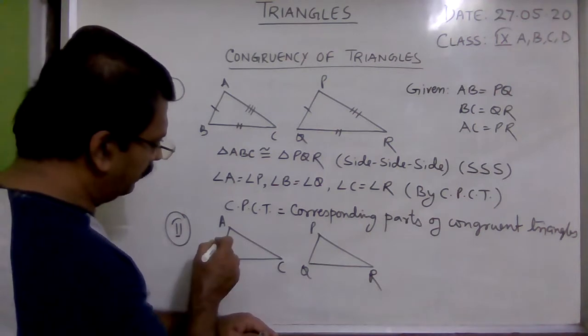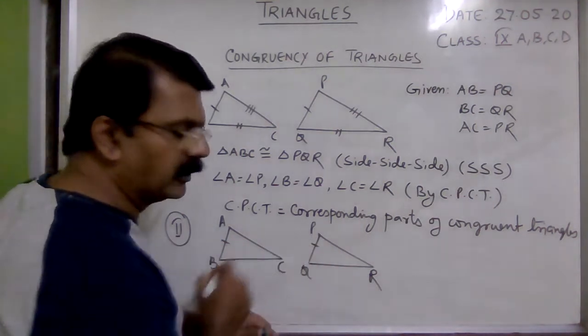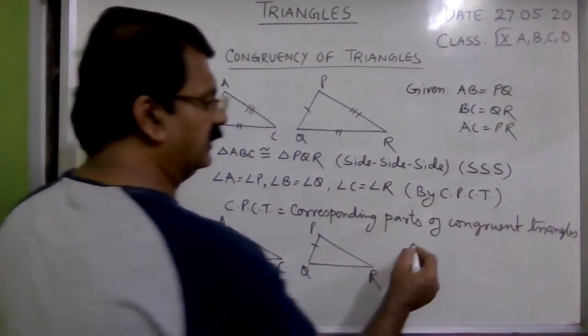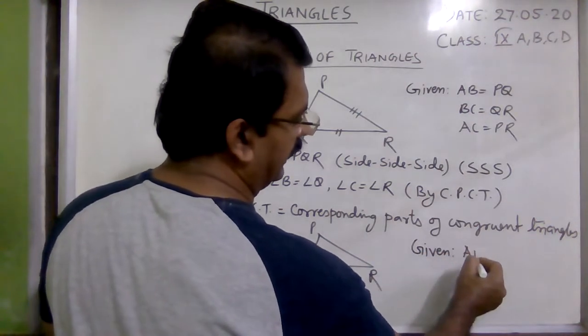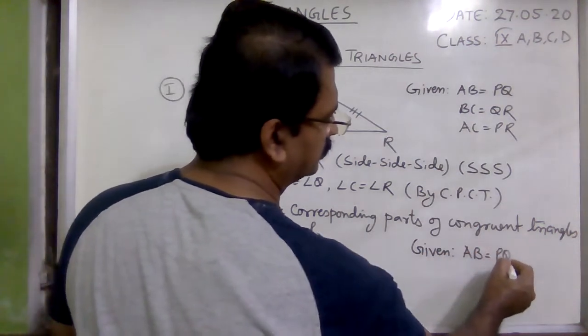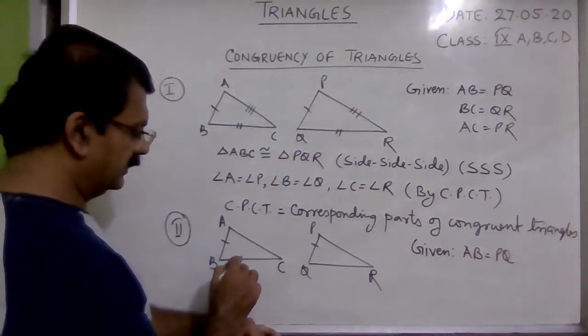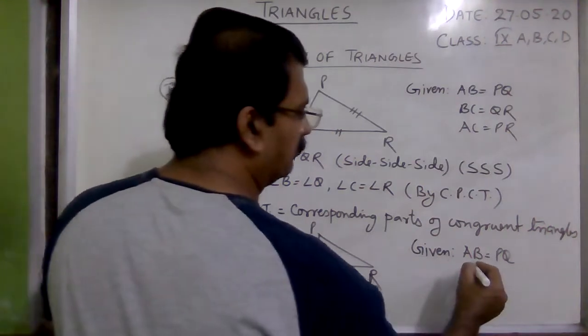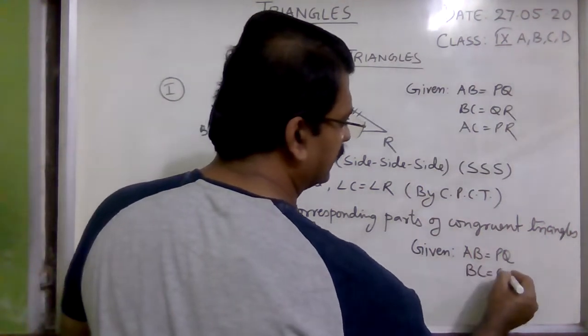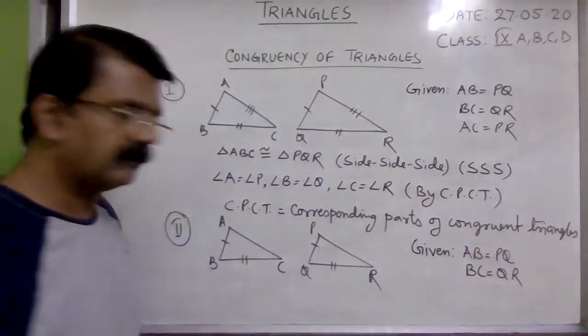Now it is given that AB is equal to PQ, then BC is equal to QR.